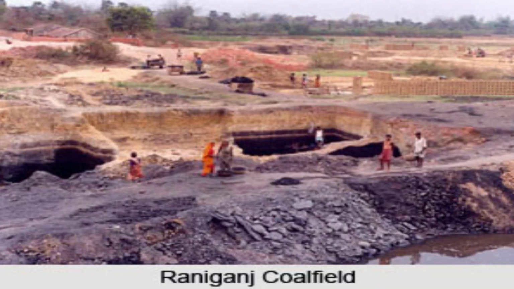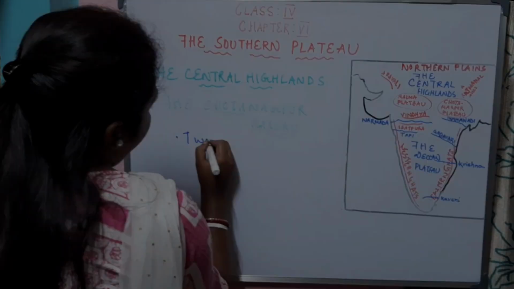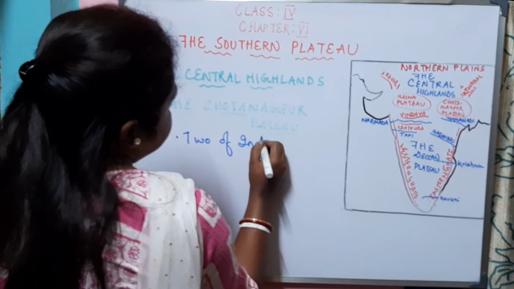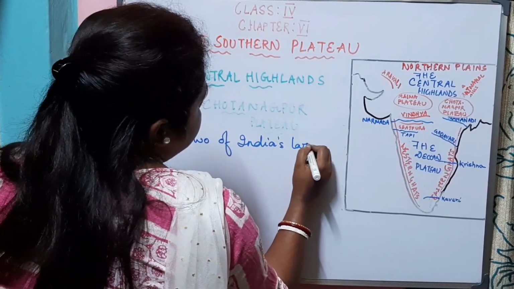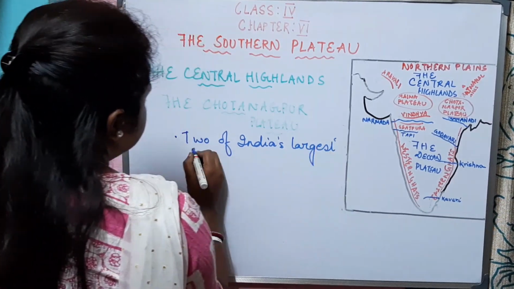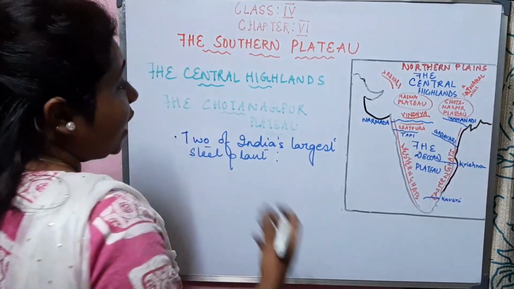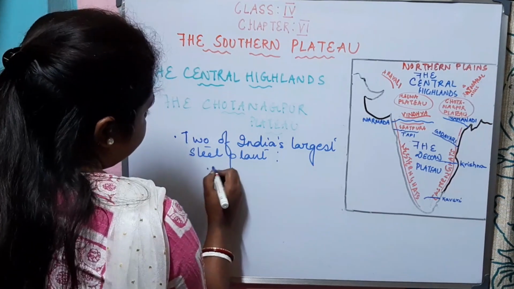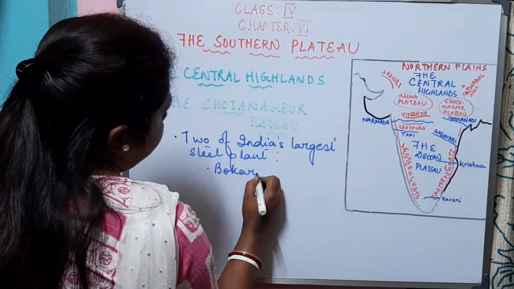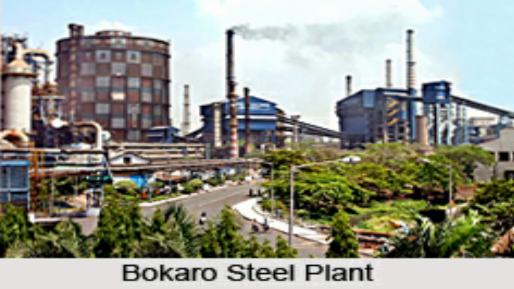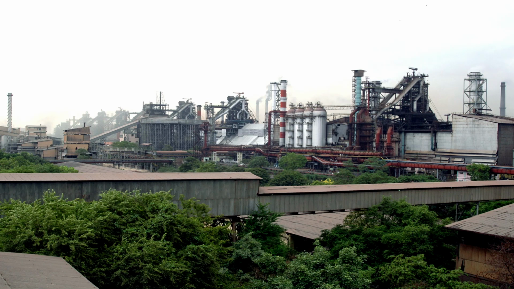Two of India's largest steel plants are located in the Chotanagpur Plateau. Now let us know which are the two of India's largest steel plants. The largest steel plants located in the Chotanagpur Plateau are at Bokaro and at Bhilai, the Bokaro steel plant and the Bhilai steel plant.